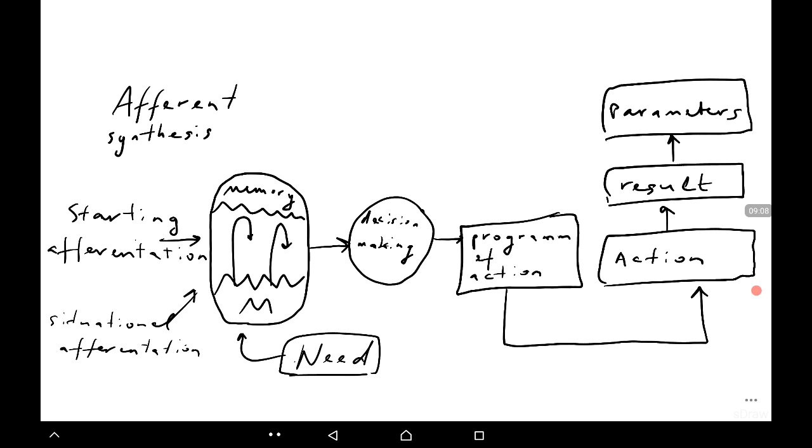To evaluate the satisfaction or not satisfaction of this basic need, we have another key mechanism of the functional system of behavior, that is called the acceptor of action results.